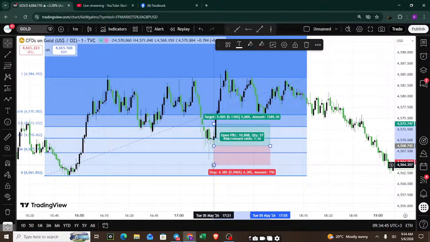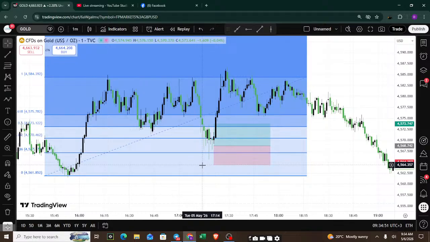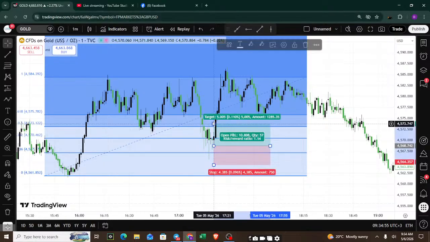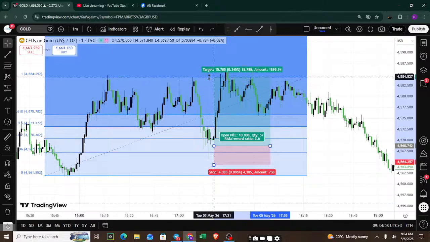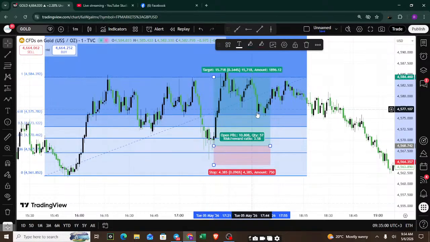After you confirm that price is going your way, what do you do? You put your stop loss below where you have just confirmed. Then you take your take profit up to that level. Now we have a risk to reward of 1.358.